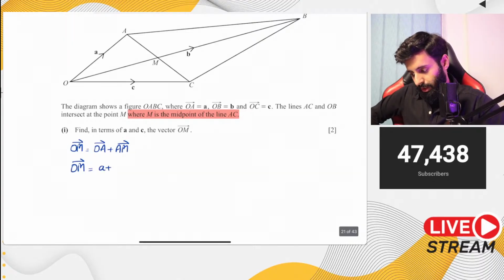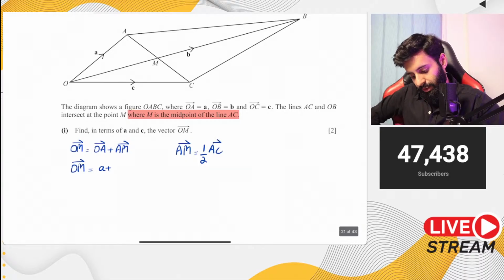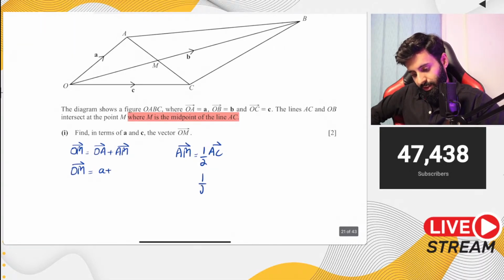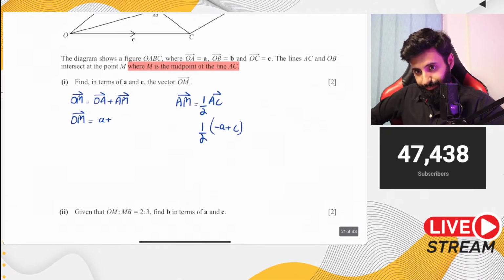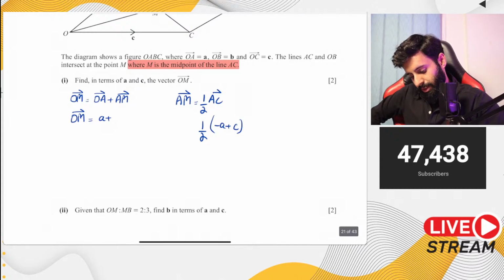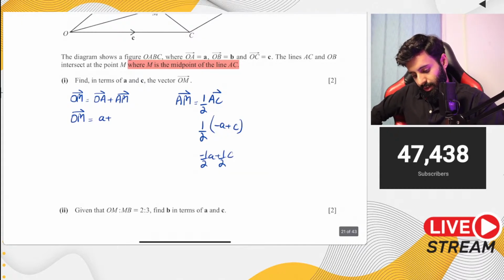Now how do we find AM? Since M is the midpoint of the line AC, AM is half of AC. Can I find AC? Yes, AC can be found by going from A to O, which is minus A, and then from O to C, which is C.